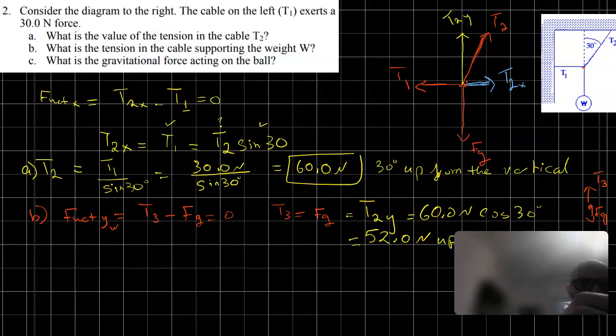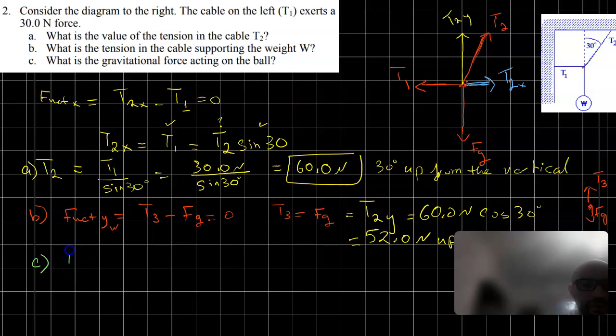Finally, we're looking for C. C is more of a concept kind of question. For C, they're looking for what is the gravitational force acting on the ball itself. So we're looking for Fg, and that would be the same as the tension, but a different direction.